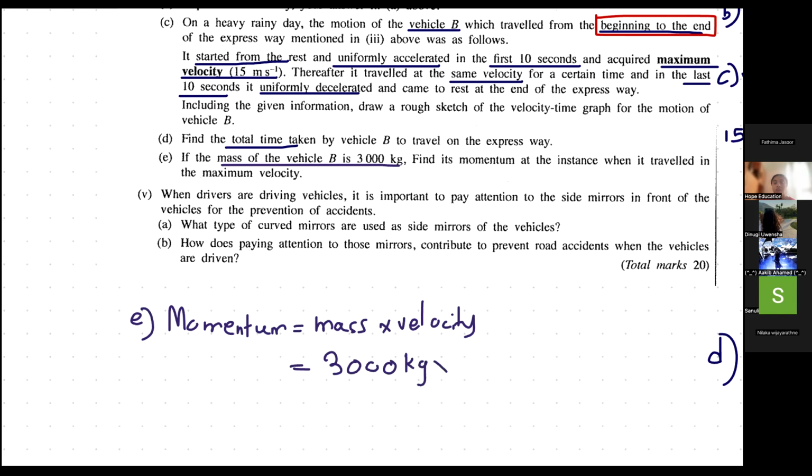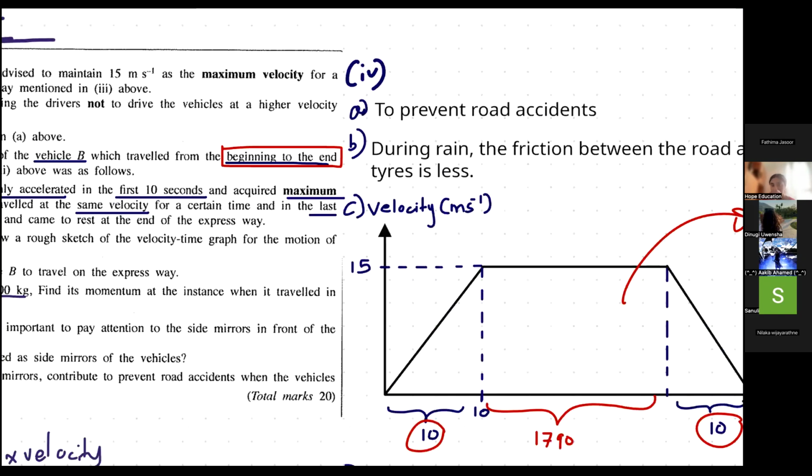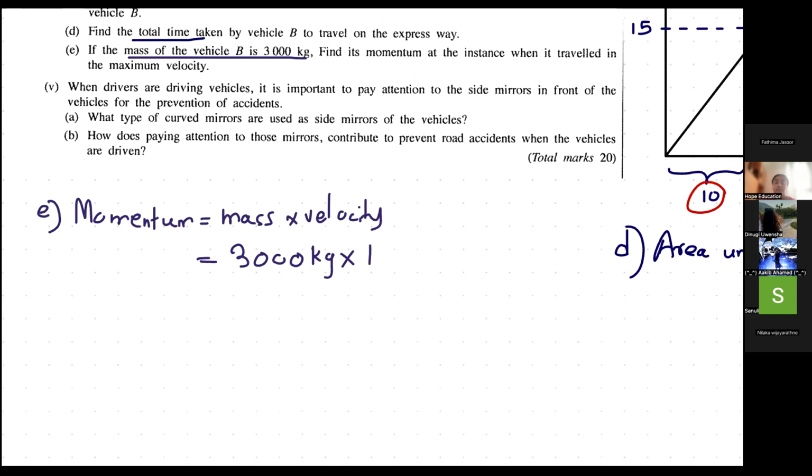Maximum velocity, velocity is 15 m s^-1. So the momentum will be 3 times 15 is 45, 45,000 kg m s^-1. This is the momentum. Is it clear?